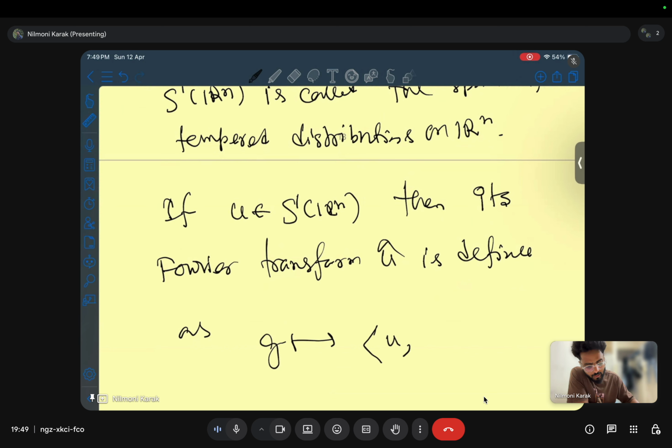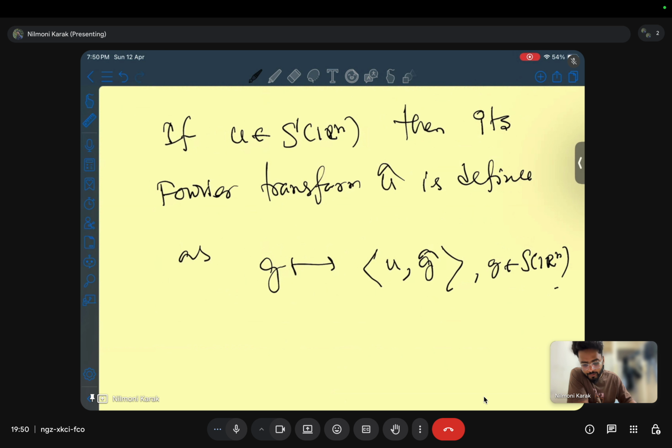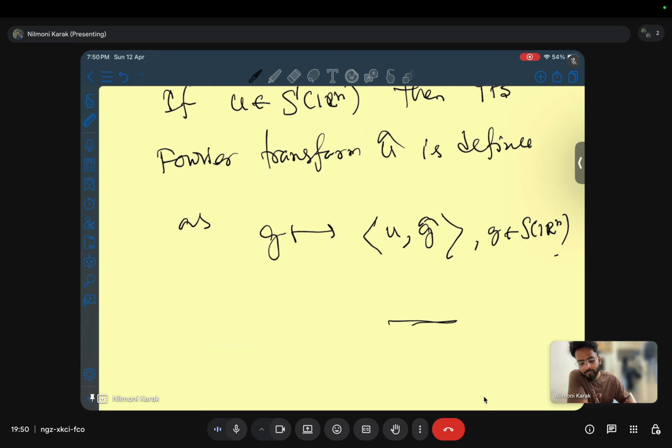This is again a tempered distribution, g belongs to S(R^n). And again the support of a tempered distribution of several variables is defined exactly the same way as in the one variable case.